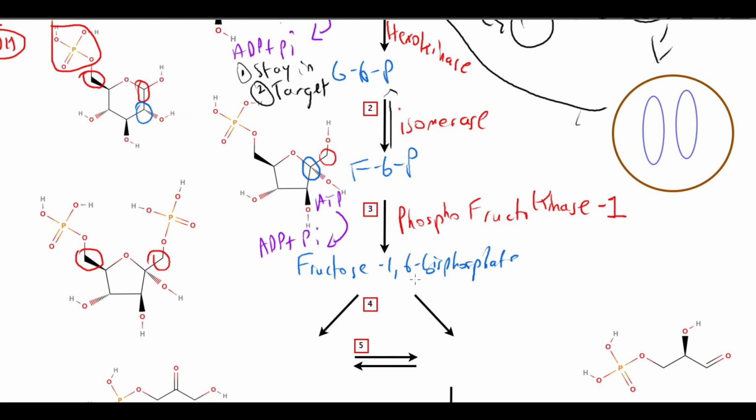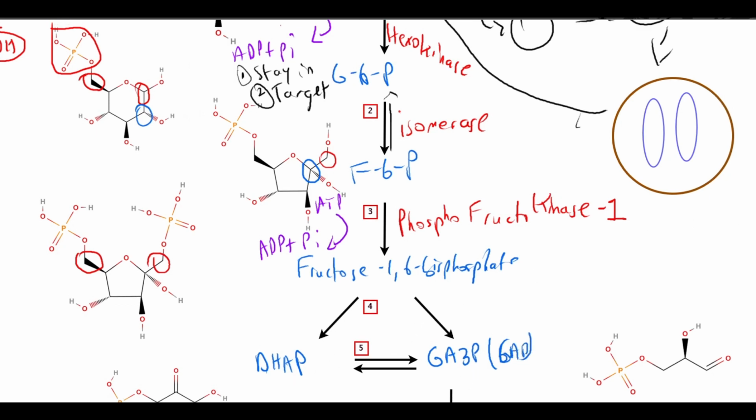And now, in the next step, fructose 1,6-bisphosphate has to be broken down into two molecules. Firstly dihydroxyacetone phosphate, and second glyceraldehyde 3-phosphate. You can also write it as GAP, and you can see those molecules right here.